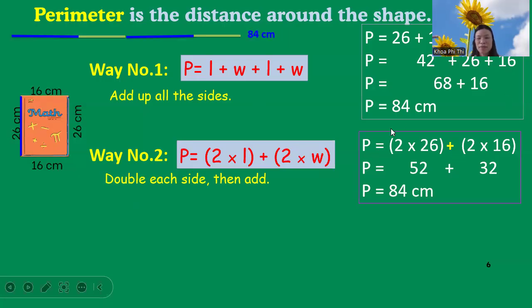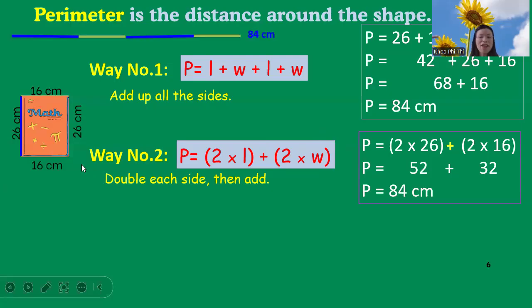Yeah, you see? But in way number two, we need three calculations, two multiplications and one addition to find out the perimeter. Is way number two shorter than way number one? Yes, because we make fewer calculations.